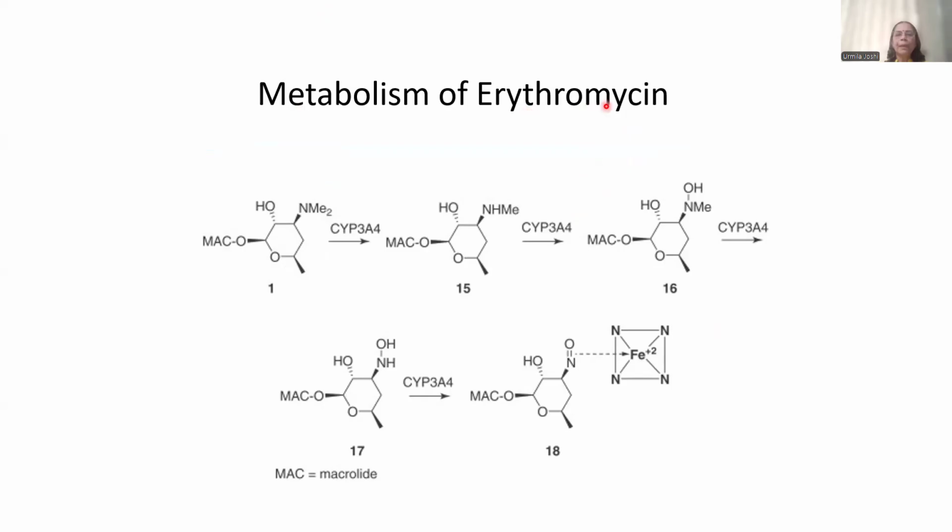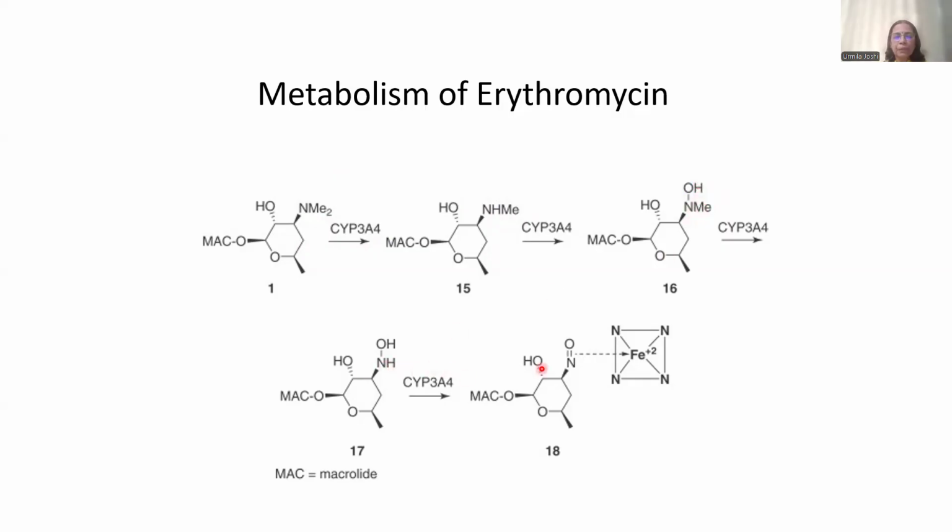Coming to metabolism of erythromycin. Shown here is the desosamine sugar. And it is here that the main metabolism of erythromycin occurs. Erythromycin is acted upon by cytochrome P3A4 in the liver. Initially, N-demethylation takes place. This N-demethylation is followed by NOH formation.